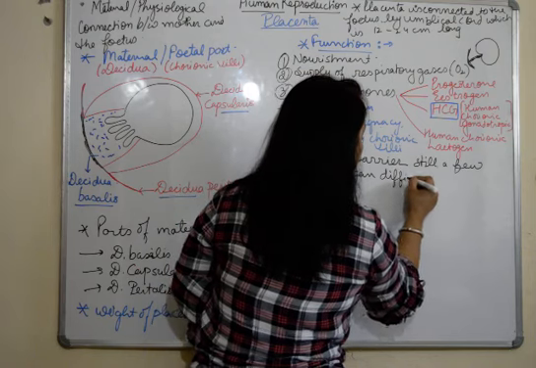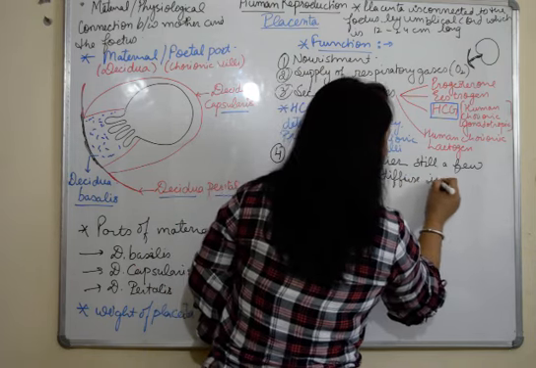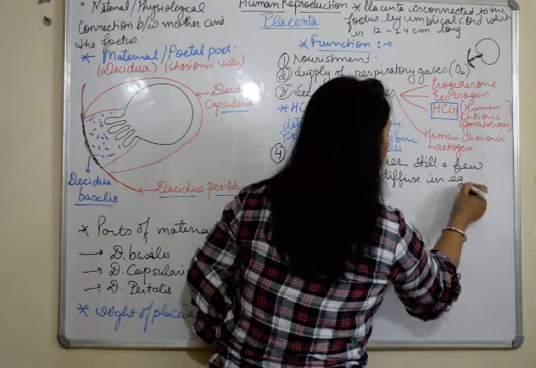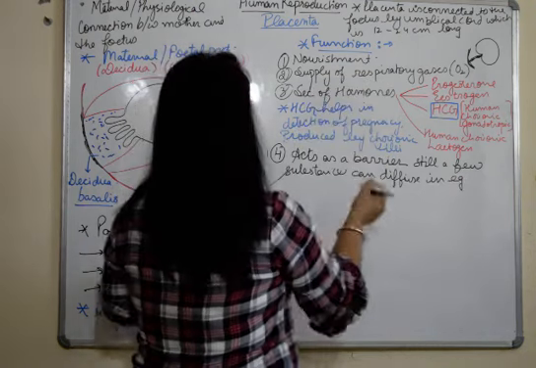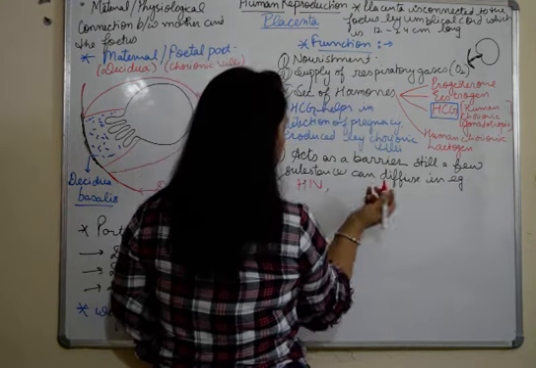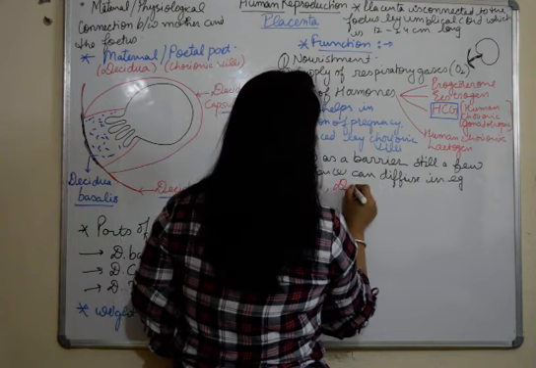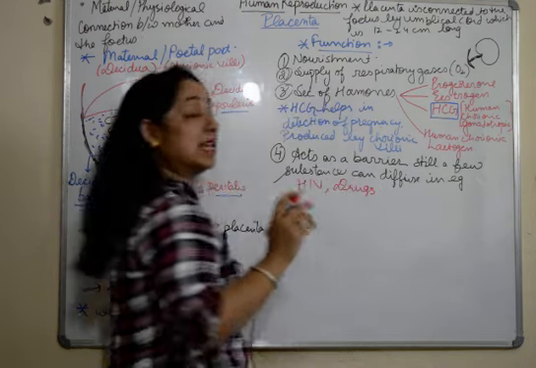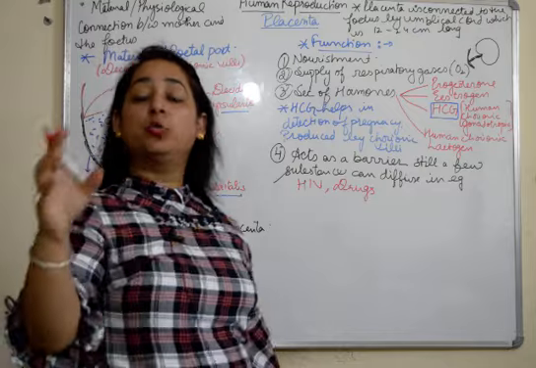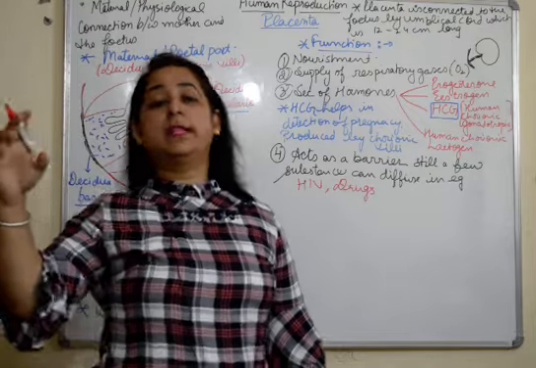For example, I'll write it with another color, the HIV virus, and a few drugs. So these are some harmful substances which can diffuse through the placenta to the fetus.